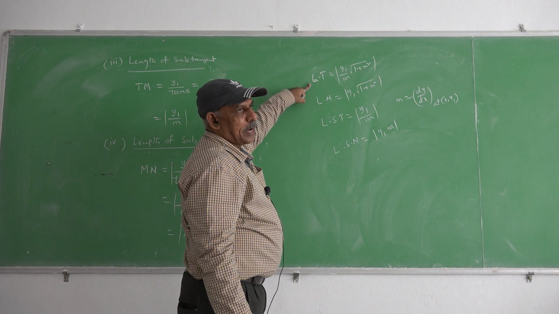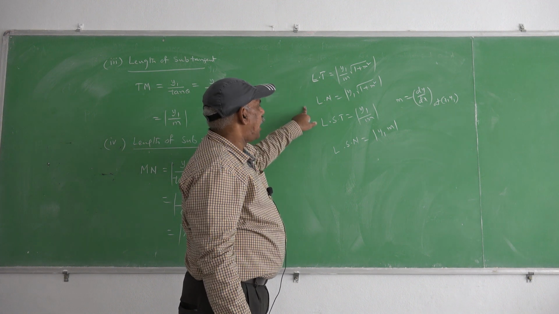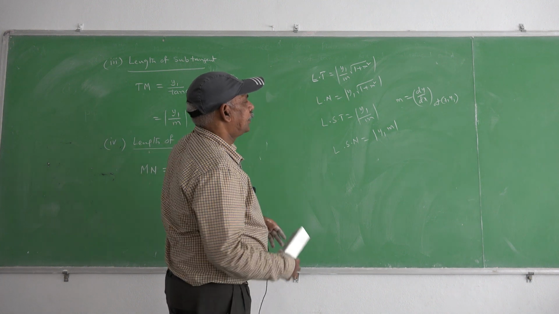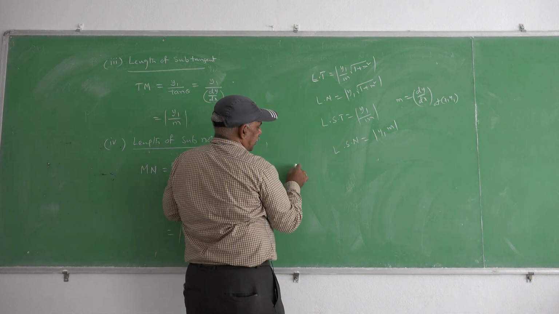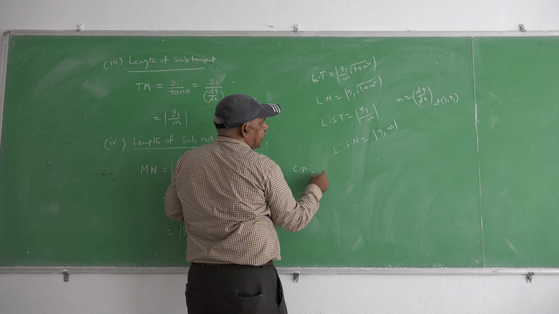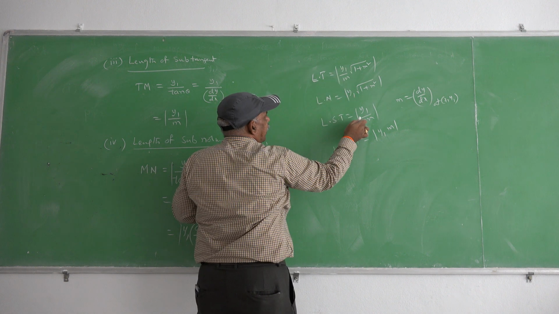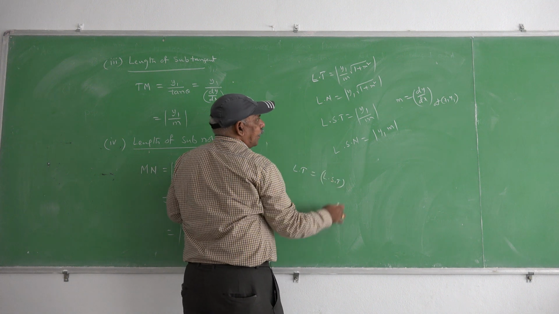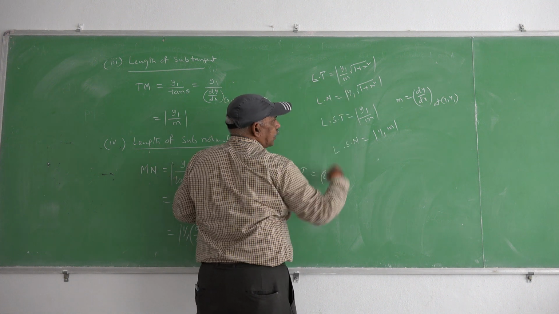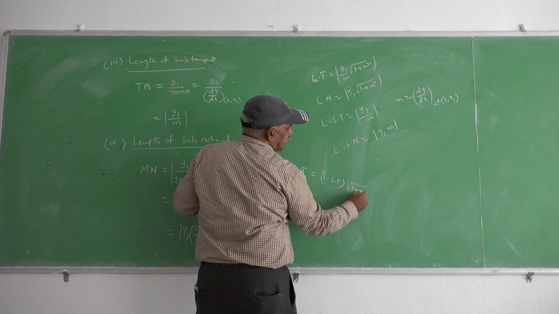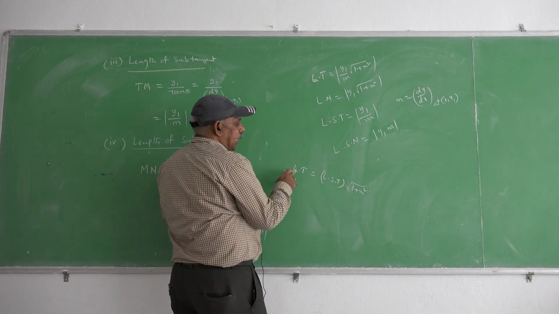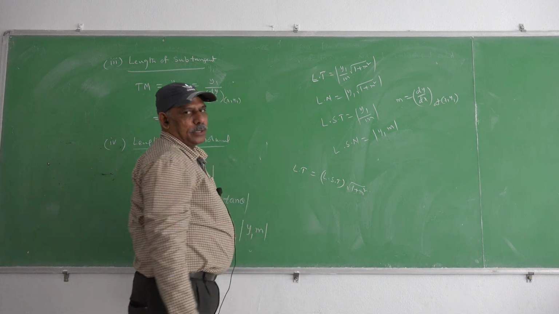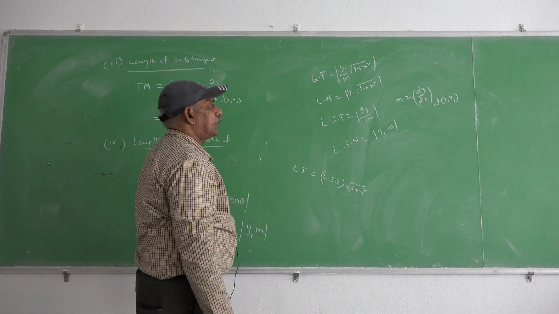Now, the relation between the length of subtangent and the length of tangent is that the length of tangent, here modulus of y1 by m, may be replaced by the length of subtangent, into root over 1 plus m square. So the length of tangent is the length of subtangent multiplied by root over 1 plus m square.